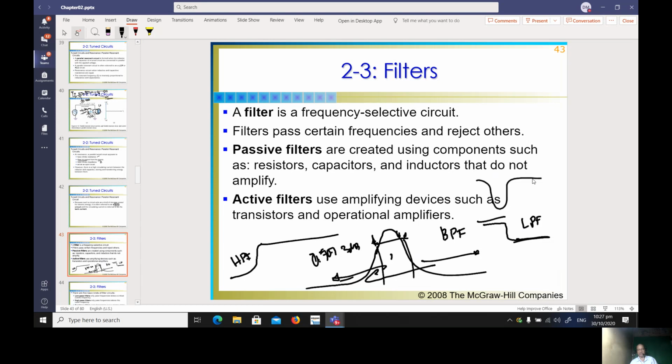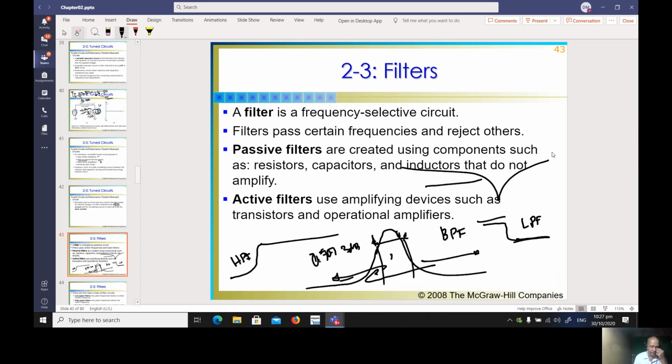Or you can have this one, no? Merong isang filter na ganyan yung kanyang signal.